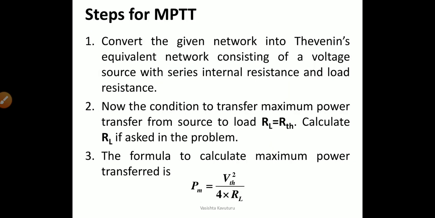Now we will see the steps of the maximum power transfer theorem, MPTT for short. The first step is to convert the given network into Thevenin's equivalent network, consisting of a voltage source with a series internal resistance and the load resistance connected as usual. That means whatever the given network is, consisting of many sources and many resistors, that entire network can be simplified or replaced with a Thevenin equivalent circuit.